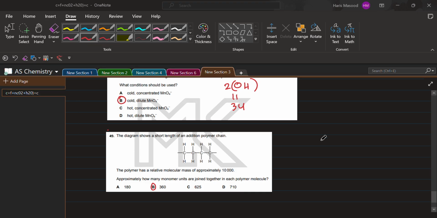Cis trans is always when you have a carbon double bond. We can see a chiral carbon here, so it will be optical. Remember, stereoisomers have two types, cis trans and optical.